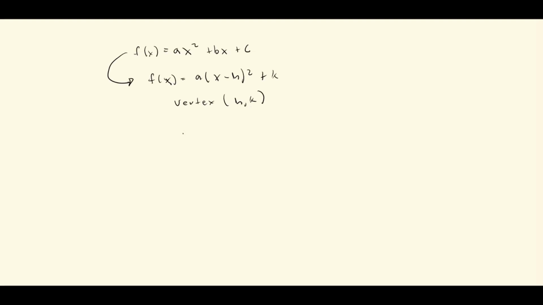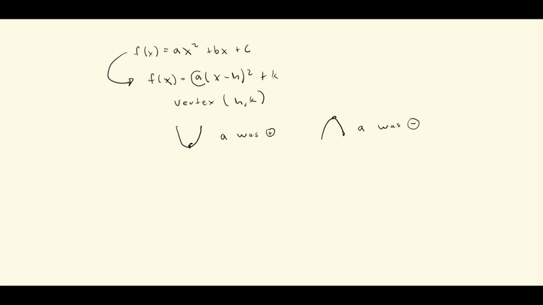and if the vertex was a minimum value, the parabola opened upward, and that means that a was positive. And if the vertex was a maximum value, the parabola would open downward, and that means that a was a negative number.